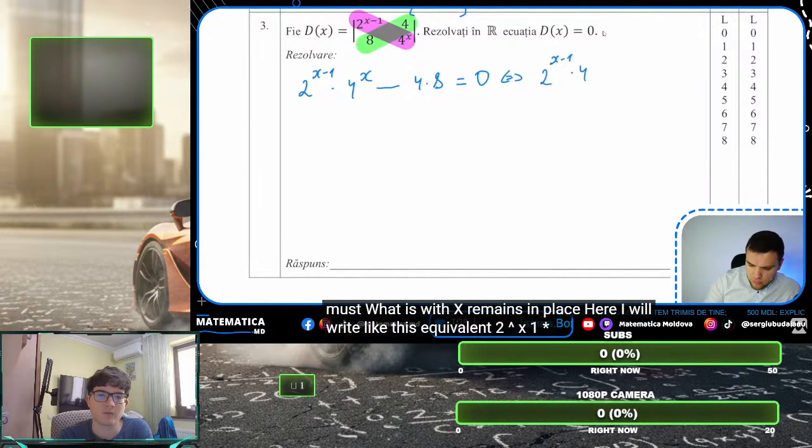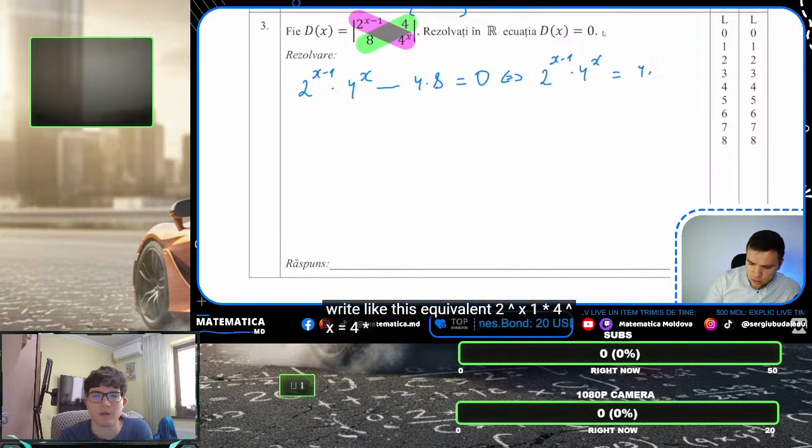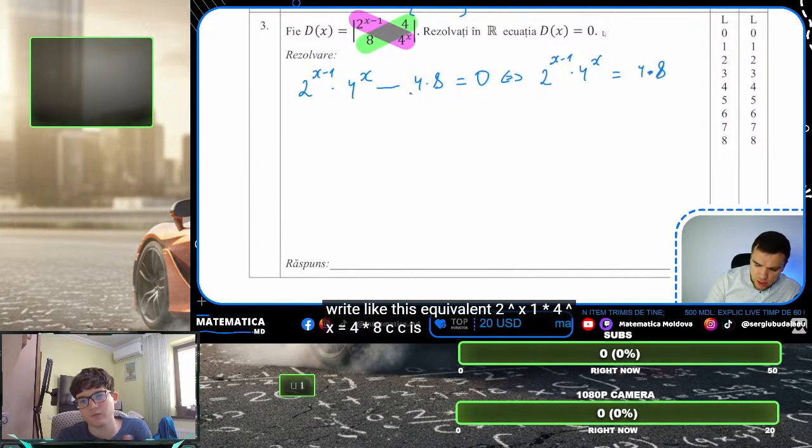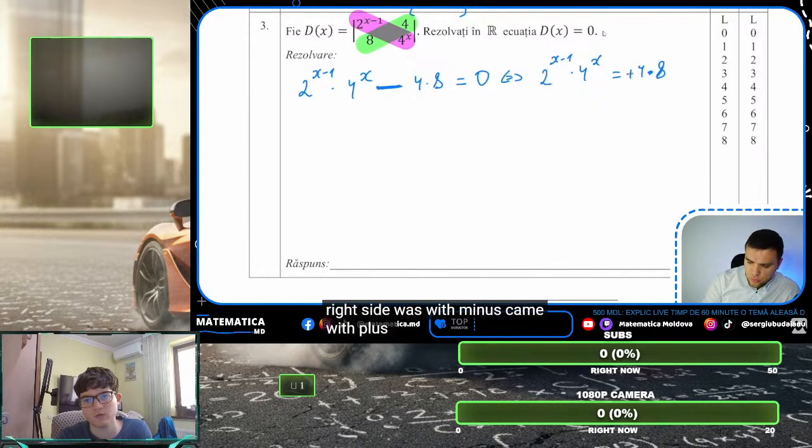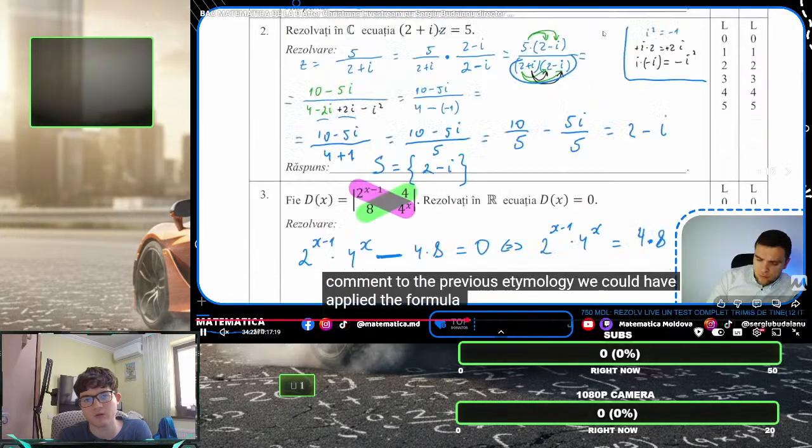Now it's harder with the powers, what are you going to do there, mate? We switch that to the right side, so right now it's going to be equal to 32. So after that, what?